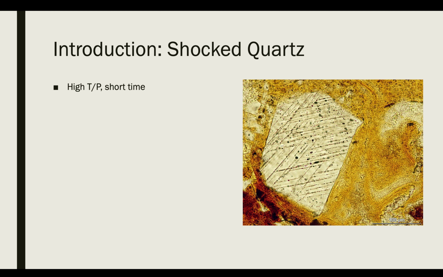Shocked quartz is quartz that has been put under a very high temperature and pressure for a short amount of time, hence shocked. The way this manifests itself is lineations in the quartz. You can see in the picture here these crisscrossing lines, and that's what makes it shocked quartz. It's the temperature and pressure that produces this shocked effect.